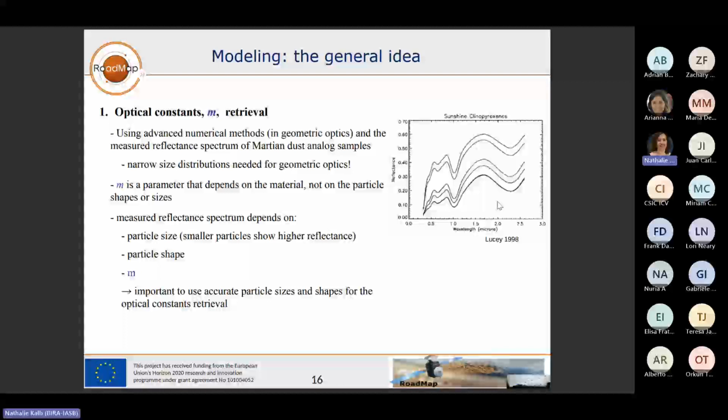However, the spectral features do not change, only the absolute level. So it is very important to use accurate particle sizes and shapes to retrieve the refractive index from the spectrum. Otherwise, you will be retrieving it wrong. However, when you have retrieved the refractive index correctly, you can use it with any particle size and shape, assuming that the material stays the same.